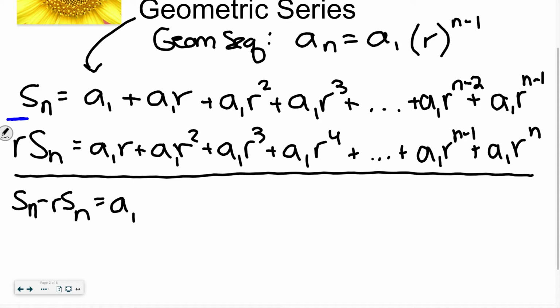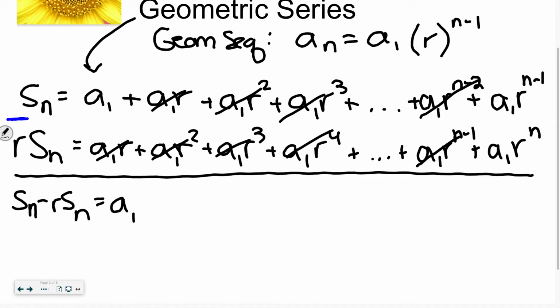Okay, then I have a sub 1 r minus a sub 1 r, gone. A sub 1 r squared minus a sub 1 r squared, gone. Gone. And notice, like, I don't have an a sub 1 r to the 4th, but is there really an a sub 1 r to the 4th if it goes that far? Yeah, so like this one's going to cancel. And this a sub 1 r to the n minus 2 is going to have one right before this one too. So that would cancel.